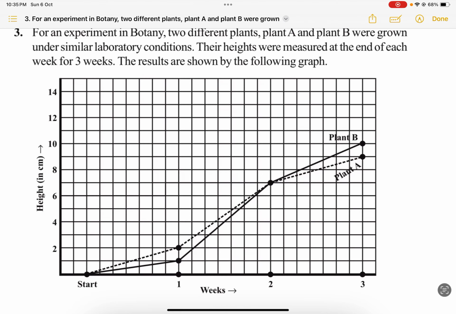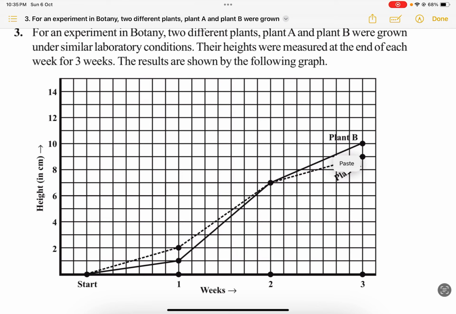How is it given? The weeks are on the x-axis and the heights are on the y-axis. The dotted line is plant A and the dark line is plant B. So in the same graph we can represent plant A and plant B.